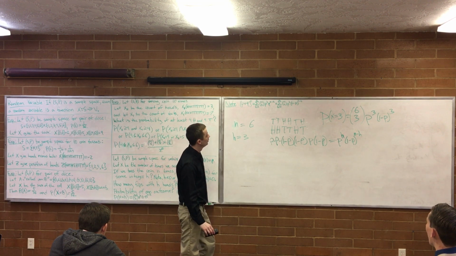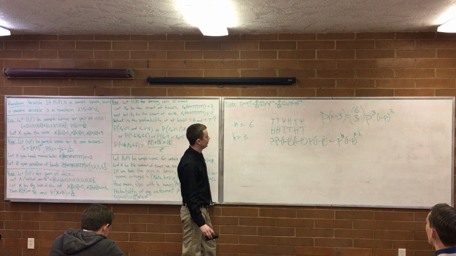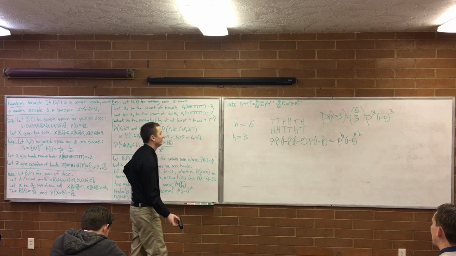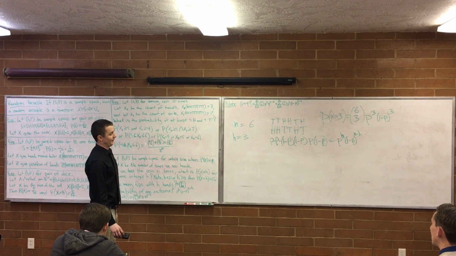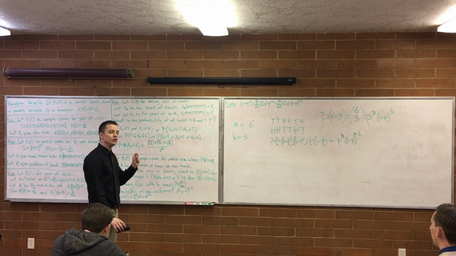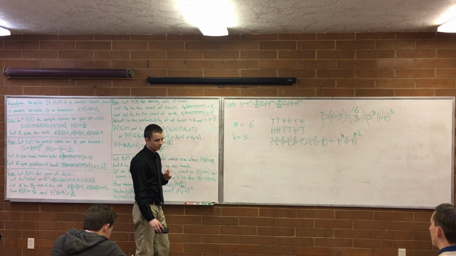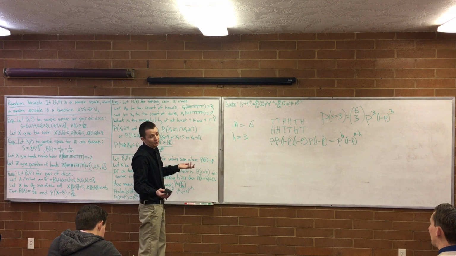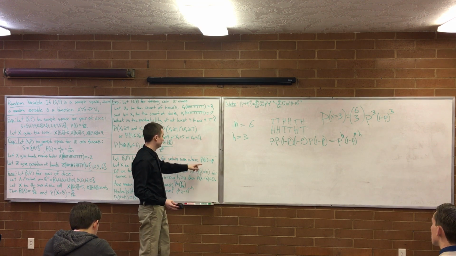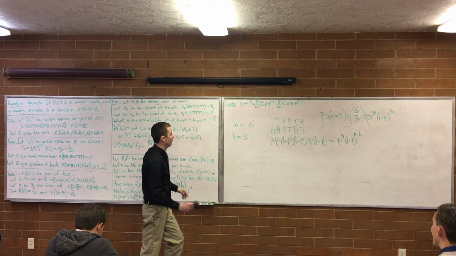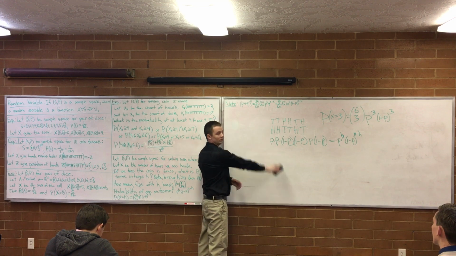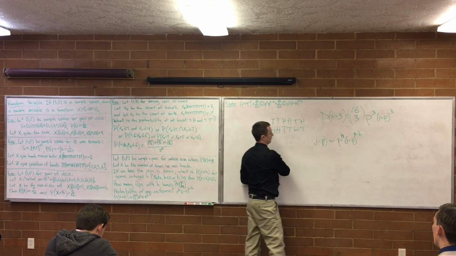Well, you just need any specific example of successes and failures. That's what generically captures. Let P be the probability of a success, then 1 minus P is the probability of a failure, and calculate exactly some number of successes.